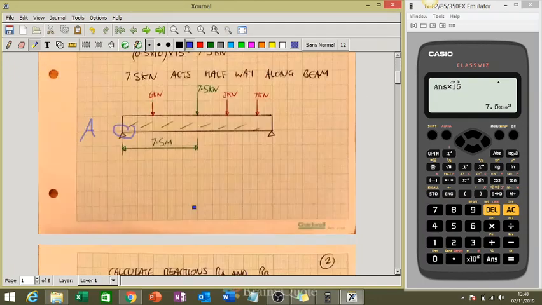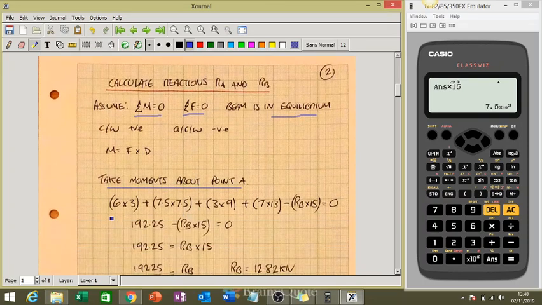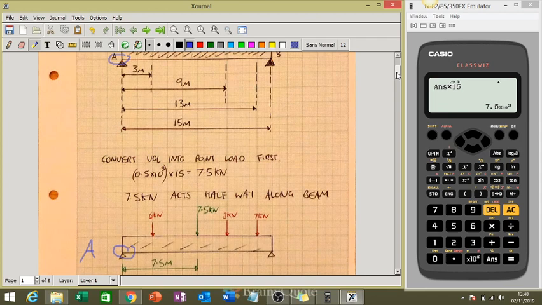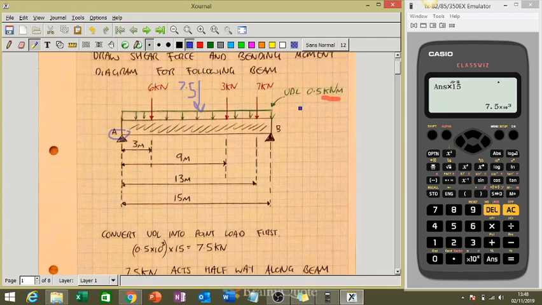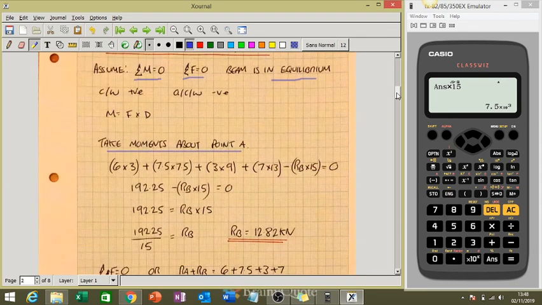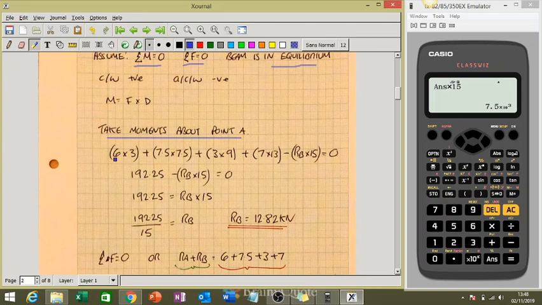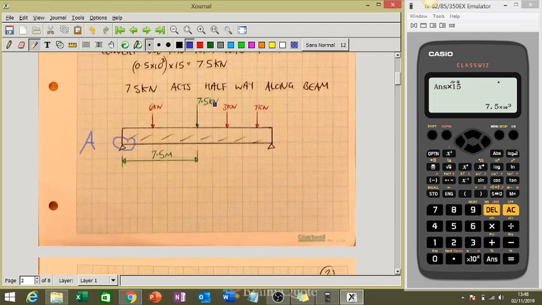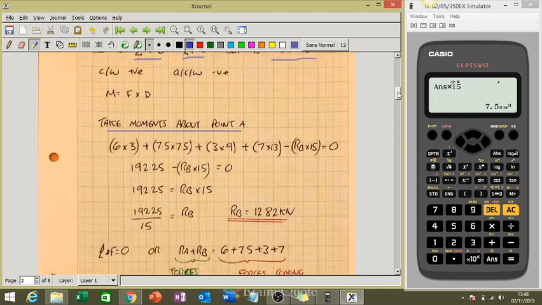So I'll scroll down. There's my force times distance, 6 times by 3. It's going positive, hence that. That's my UDL, 7.5 at 7.5 meters away. All going clockwise, because that's our pivot point.